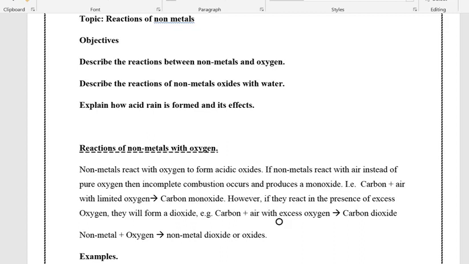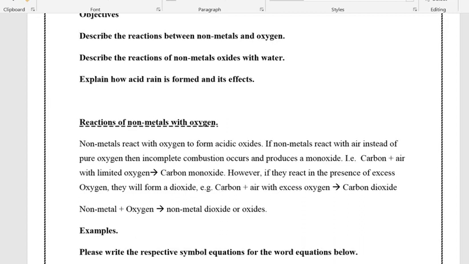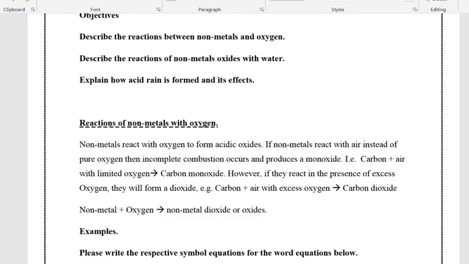We should also be able to describe the reactions of nonmetal oxides with water. And we should explain how acid rain is formed and the effects of acid rain.